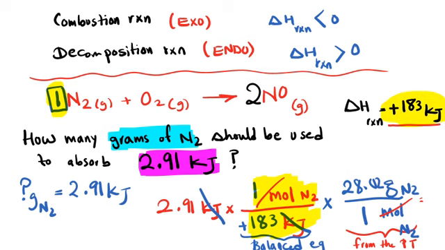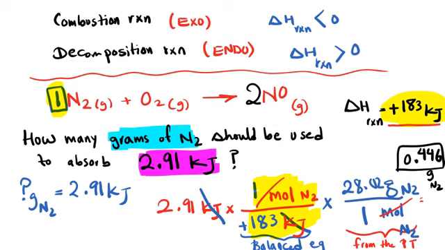Right now, the final answer, I'm going to report that one as 3 sig figs because our original number has 3 sig figs. So let me write the final answer: 0.446 grams nitrogen.